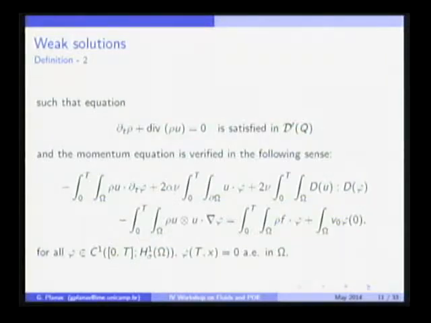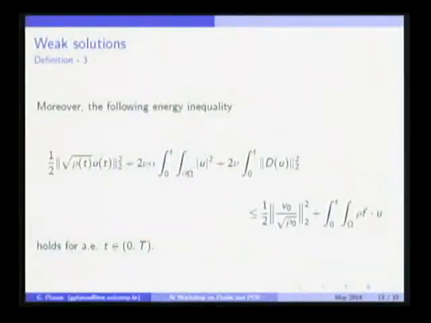Moreover, the weak solution that we construct satisfies the energy inequality. This one. Formally, we take the test function u. In fact, we use an approximation problem for which we have the energy inequality for the approximating functions and pass to the limit.